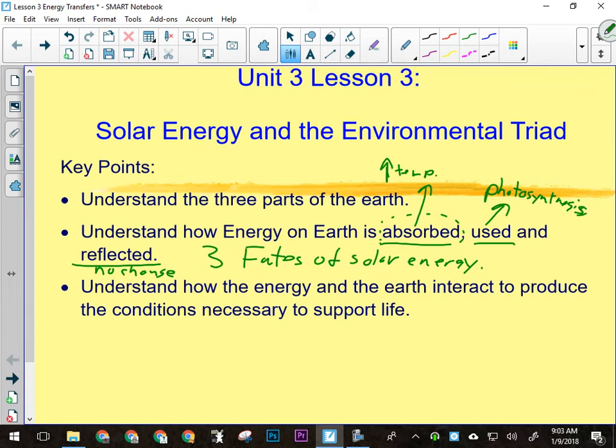All right, questions there so far? Okay, so those three terms, if I ask you what happens to light when it strikes the earth, absorbed, used, and reflected, and then talk about when it's absorbed, temperatures go up. When it's used, it's photosynthesis. When it's reflected, there's no change, right? It just bounces off.